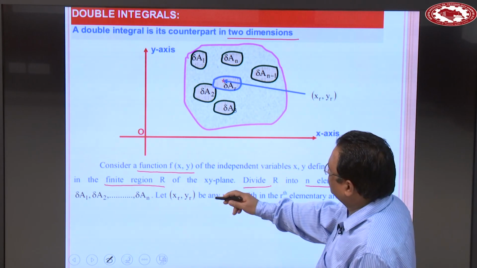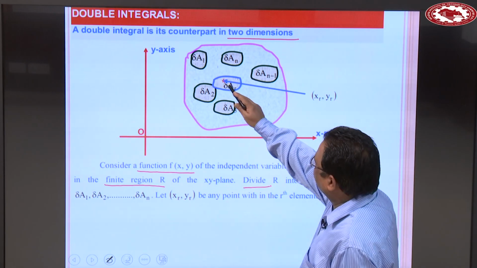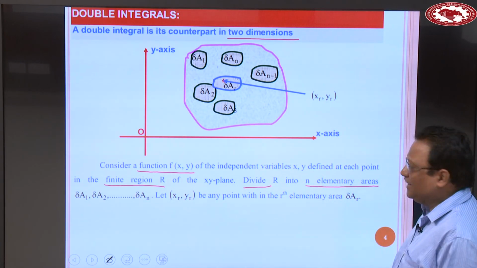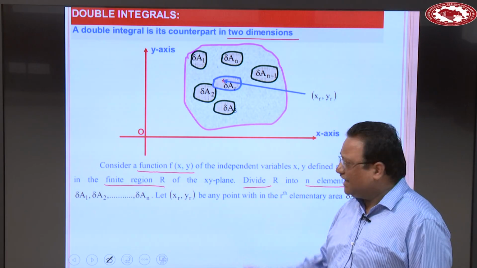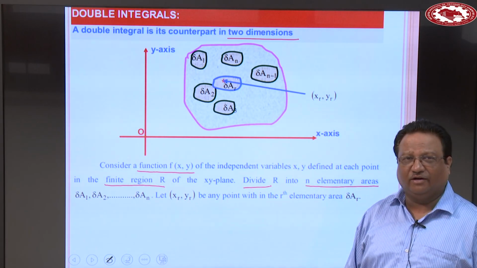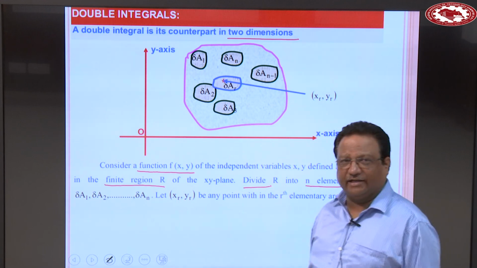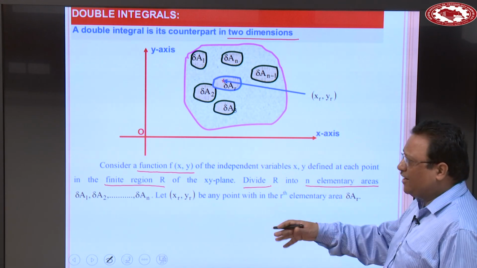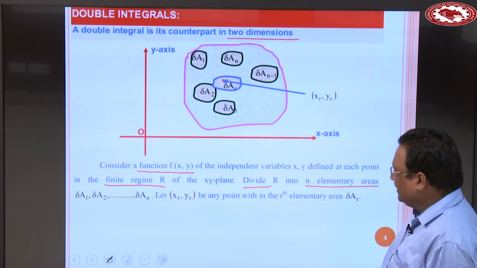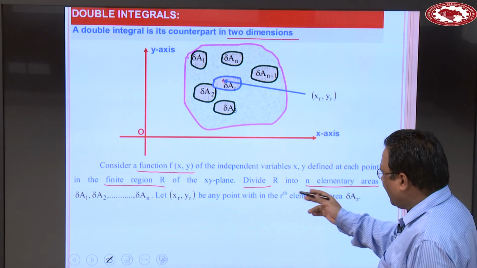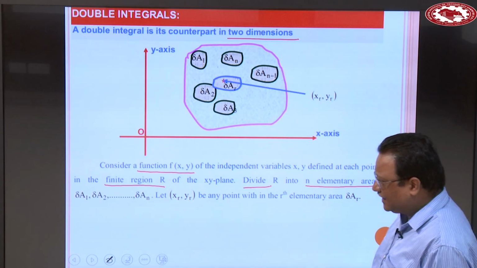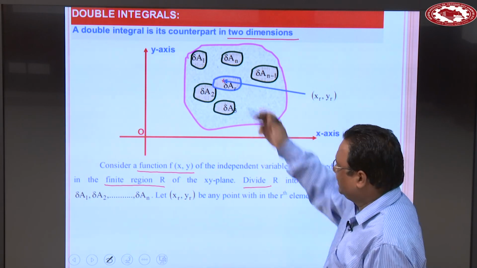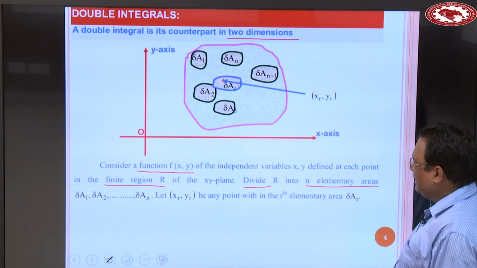And let us suppose xr, yr, this point, be any point within the rth elementary area, delta AR. So that one is the geometry of this problem to define this double integral. Okay? So consider a function which is defined at each and every point within this region R of the xy plane, and divide R into n elementary areas, delta A1, delta A2, delta An, and let us suppose xr, yr be any point within this rth elementary area.